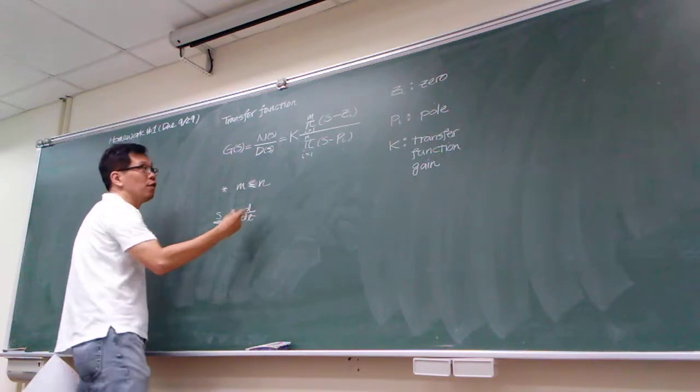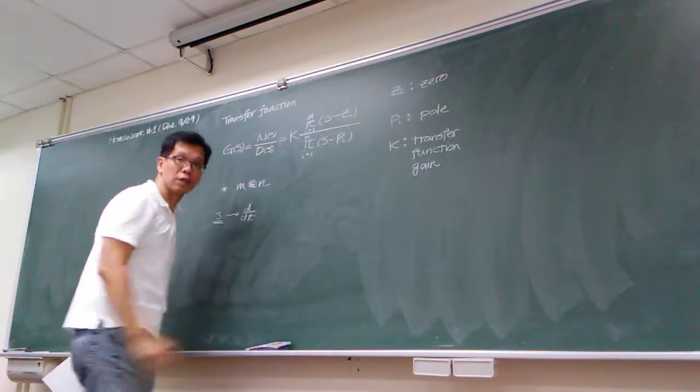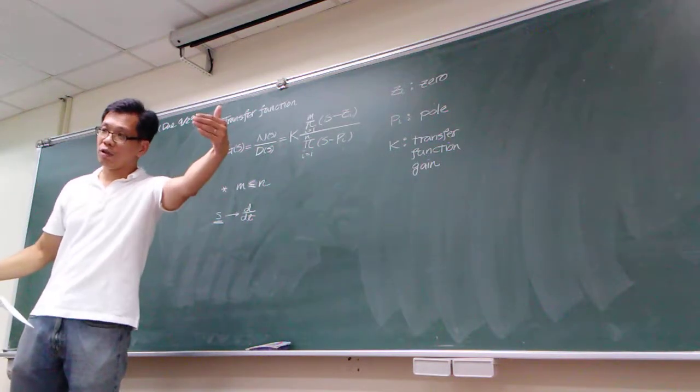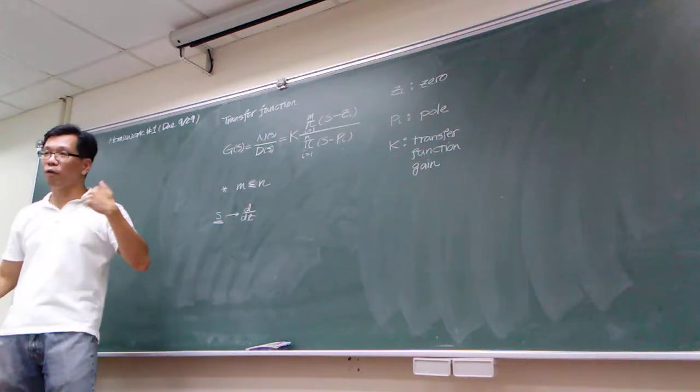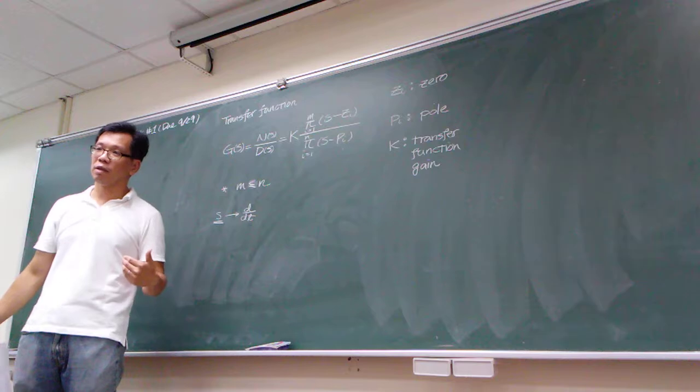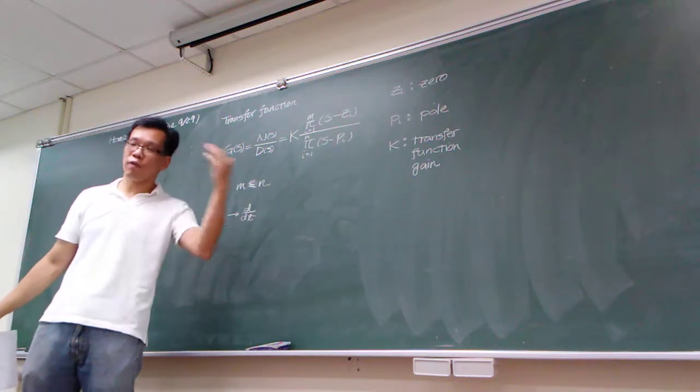If you have higher order in the numerator, you are estimating the future. With the technology we have nowadays as human beings, we cannot estimate the future.